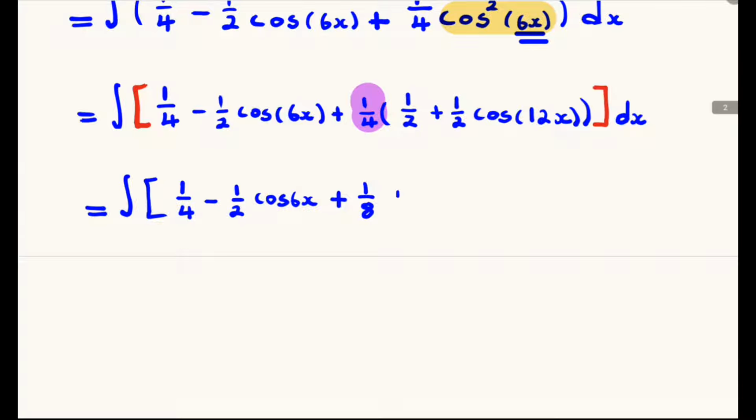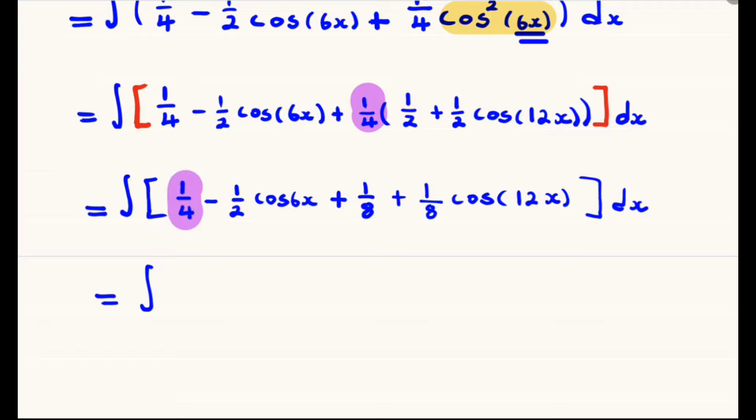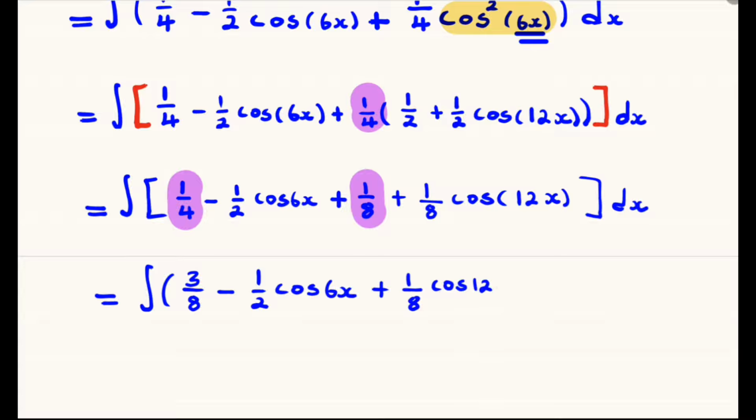So we have 1 over 8 plus 1 over 8 multiplied by the cos of 12x. dx, actually we simplify one last time, and we have the integral of the 1 over 4 plus 1 over 8 will be equal 3 divided by 8, and we have the negative 1 over 2 multiplied by the cos of 6x plus 1 over 8 multiplied by the cos of 12x.